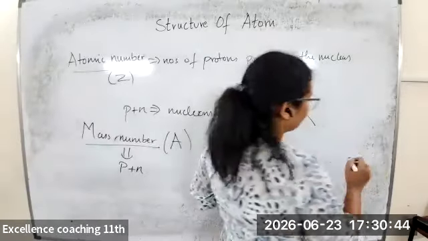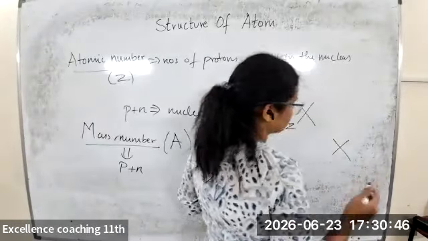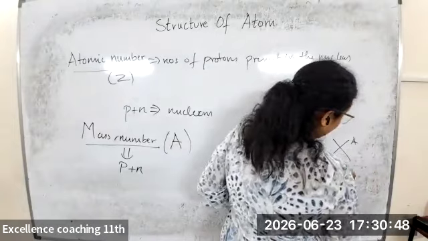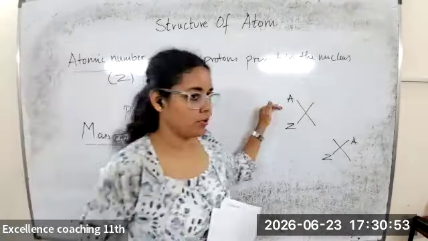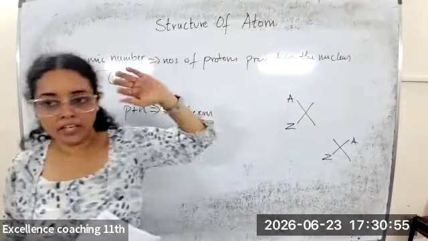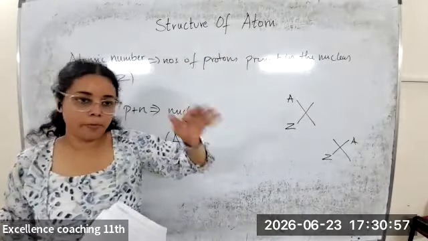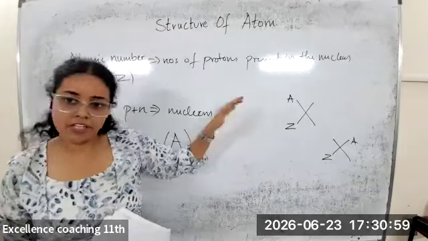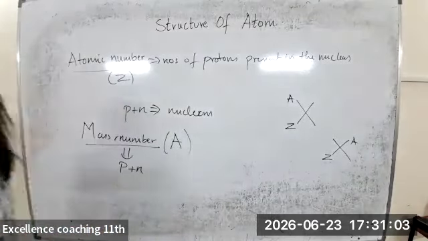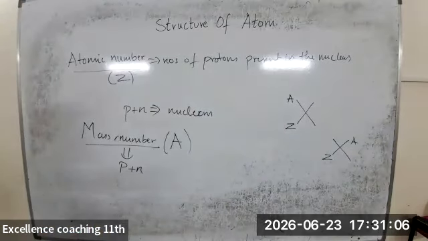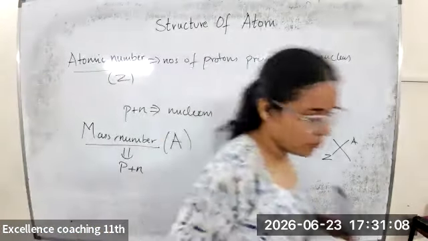Some textbooks show A and Z placed differently, but the concept that mass number remains on top is fixed. Maybe left or right, mass number is always on top, atomic number is always down. If you all are done with this, there are some numericals.